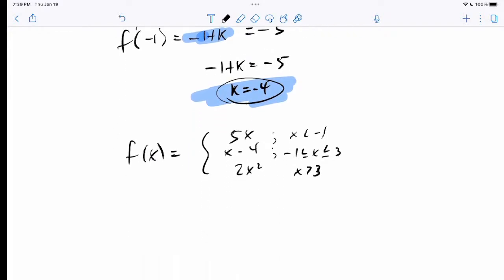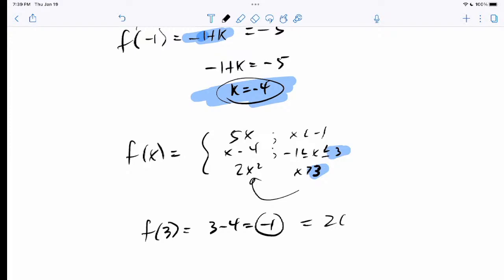So with k being -4, the question is does it line up here? And you'll find it doesn't, because if I evaluate this at 3, I get 3 minus 4 is -1, but as I approach 3 from the right-hand side, this becomes 2 times 3 squared, which is 18, and -1 is not equal to 18.